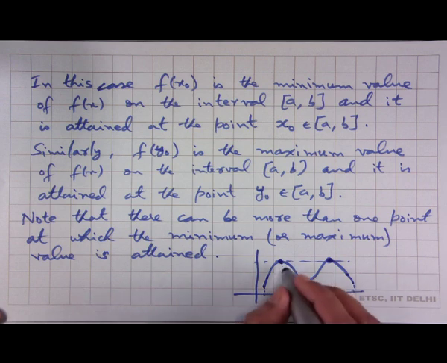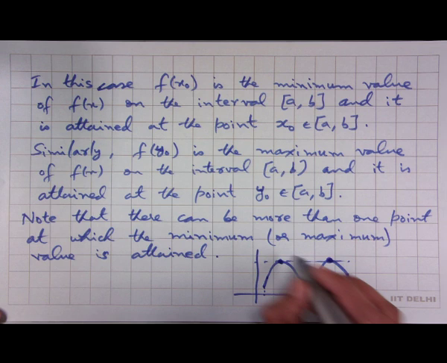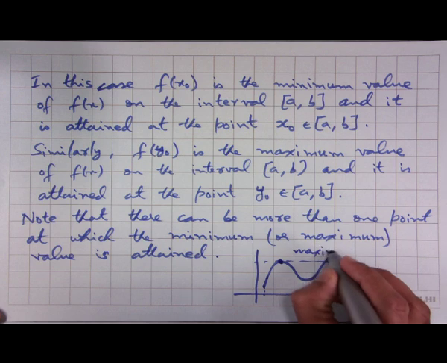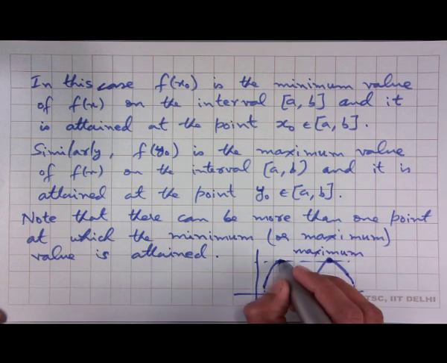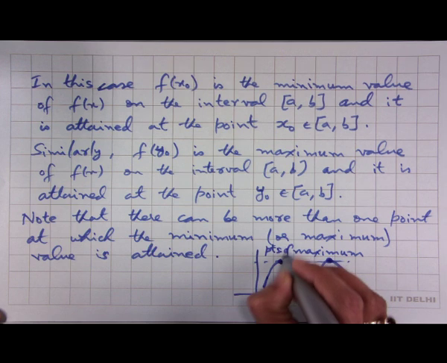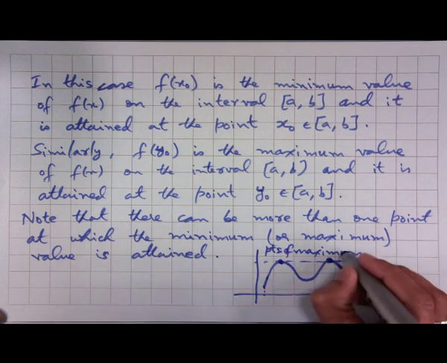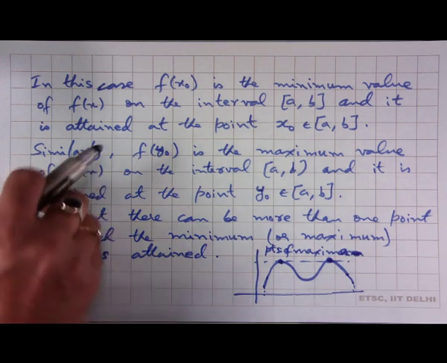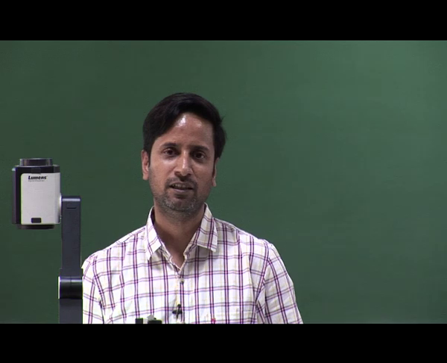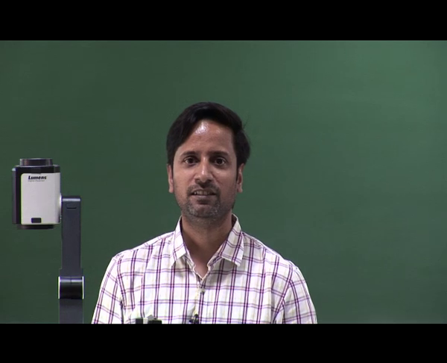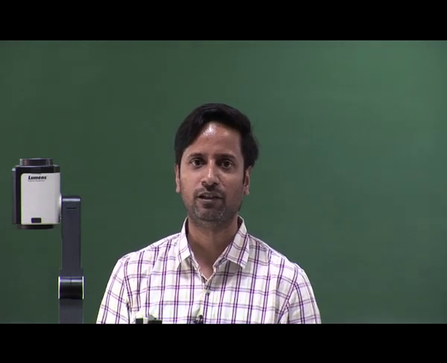So, these two are points of maxima for this function. In fact, if we take f of x to be the constant function, then the minimum as well as maximum value is that constant and it is attained at every point on the interval.